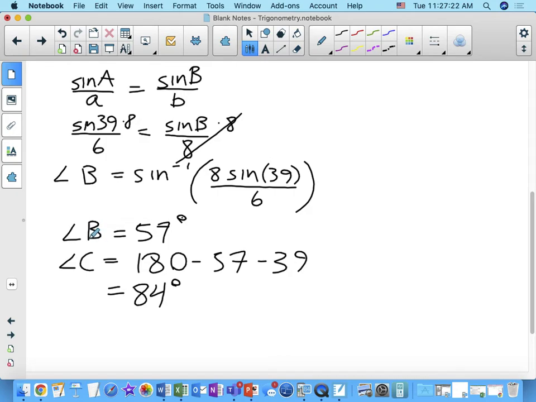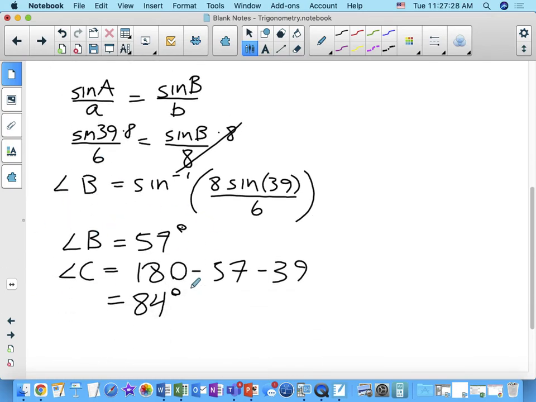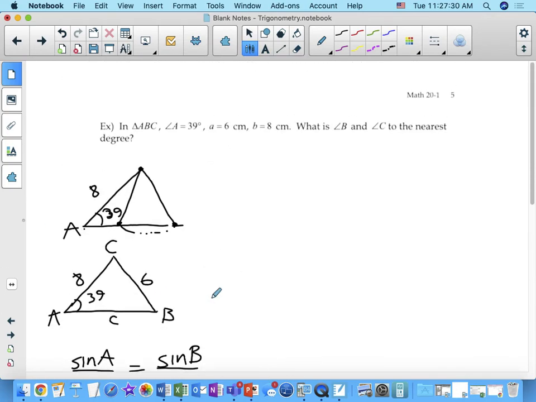Okay, now, to do the second triangle, we use what we found in the first, which is the fact that this guy over here is 57.